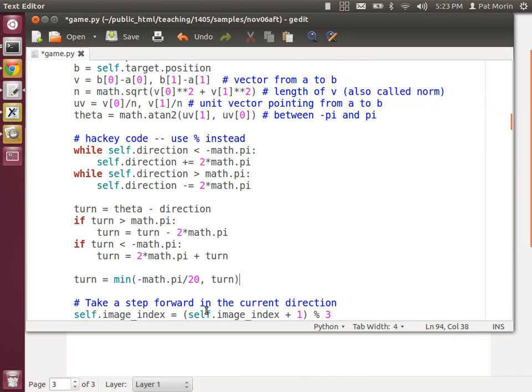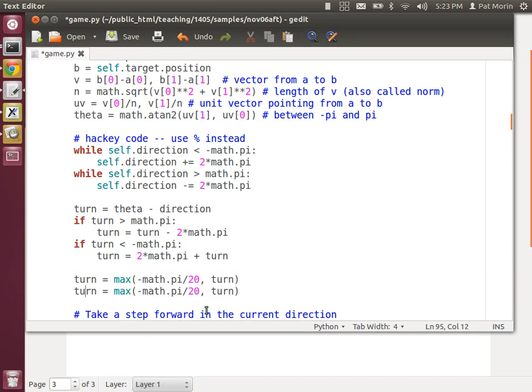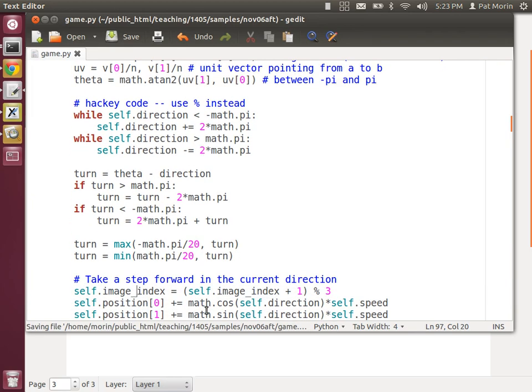And now we don't want to turn the whole way. Instead, we want turn to be equal to the minimum of the turn divided by something.